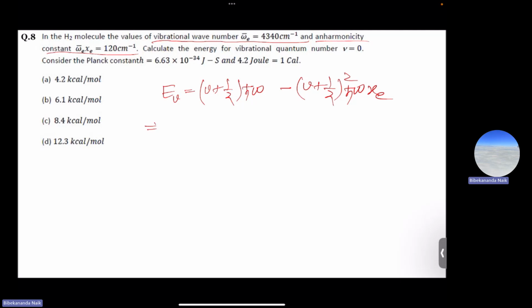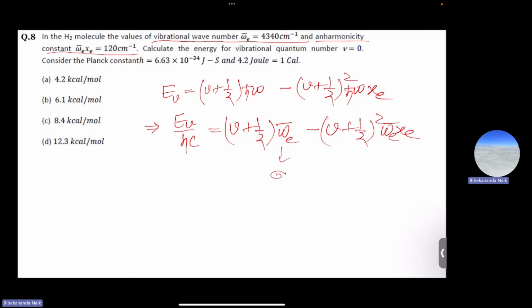Now, in terms of wave number, we can write it as E_v by hc, which will give (v + 1/2) ω̄_e minus (v + 1/2)² ω̄_e x_e. So, this value ω_e is given and ω_e x_e is given.